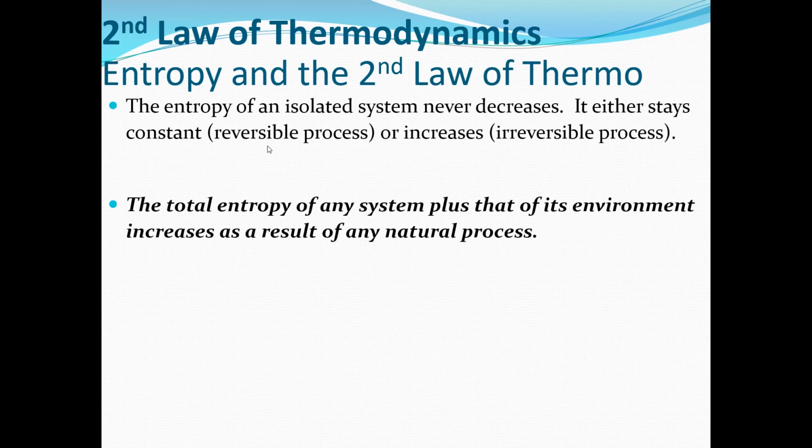However, if we take into account the entropy of the hot environment, well, in that case, that one's gaining more entropy. So you end up getting an increase in total entropy. Okay, so from here, this is just repeating what I just said, that the total entropy will always increase due to any natural process.